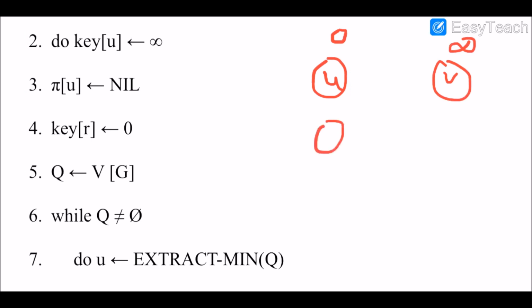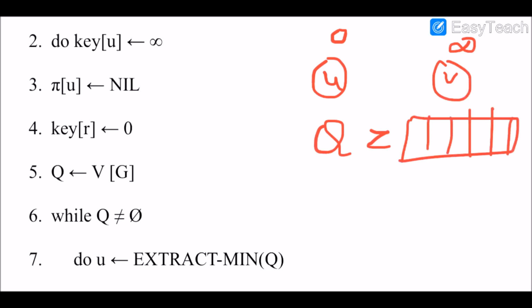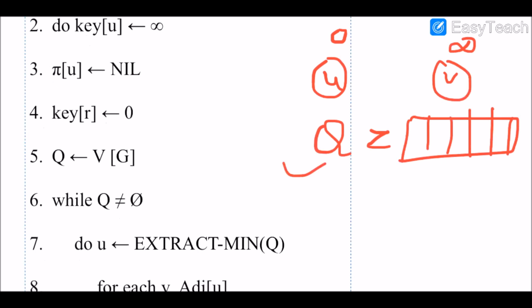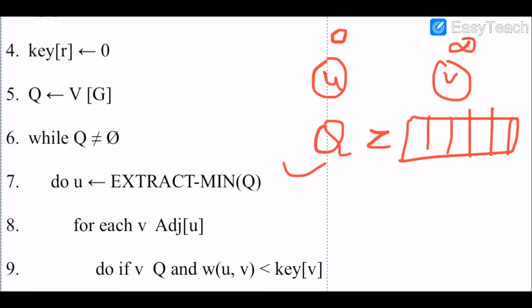There will be a data structure Q used which will store all the nodes of the given graph, and until this Q becomes empty, we are going to extract the minimum of this Q, that means the node with minimum key value, and we will find the adjacent nodes of those nodes.